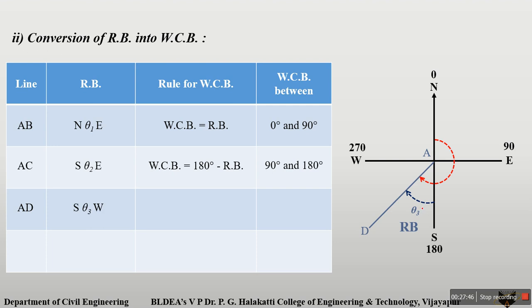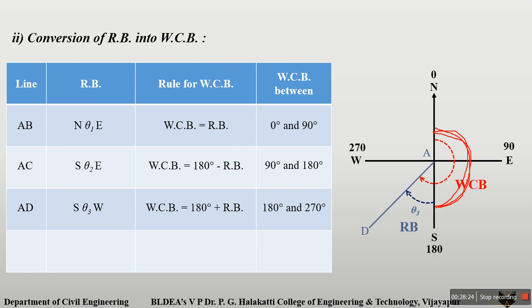So whatever the theta 3 value is, you have to add it to this 180 degrees, and we will get the WCB value. You can write the formula: WCB is equal to 180 degrees plus RB value. We will get the whole circle bearing. Whatever the value is, it is between 180 degrees and 270 degrees.